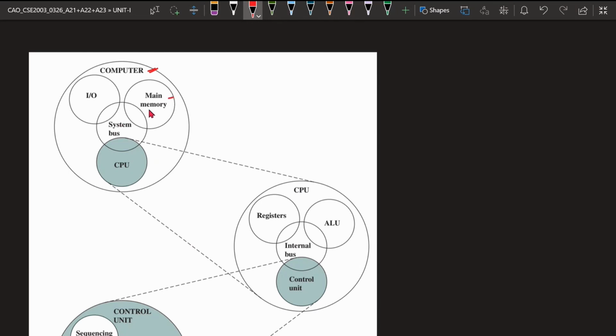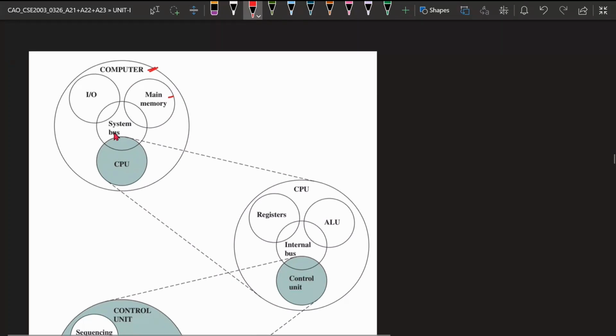And these individual blocks, input output, main memory and CPU, should communicate with each other with a system of buses. This is called the system bus, meaning the connecting lines of this system that connect each and every building block of the computer system. So these are the main building blocks of the computer system.